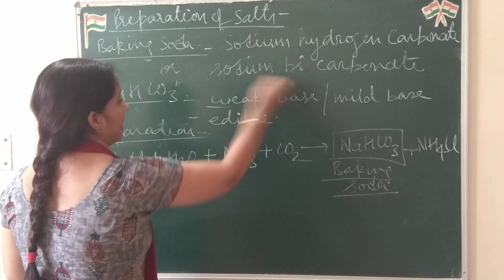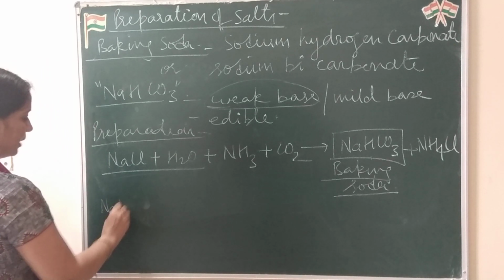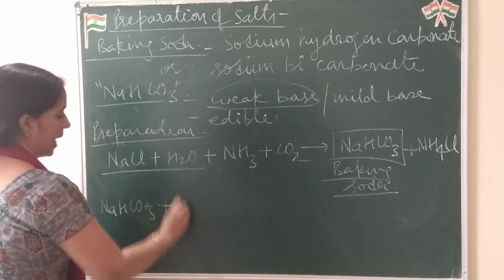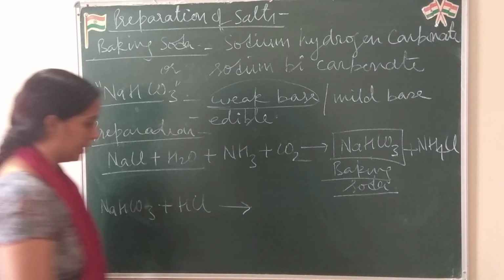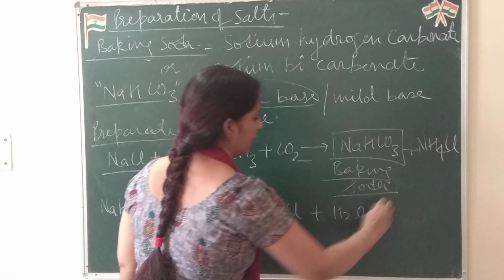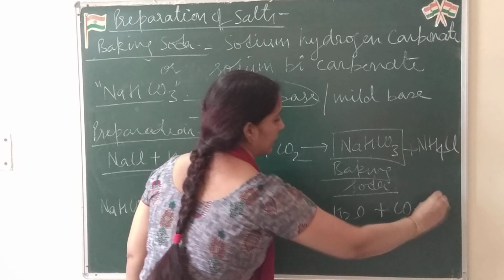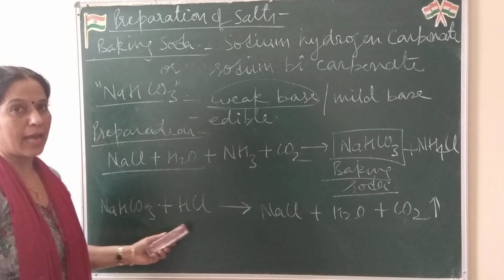We have already seen it is a weak base. Now when sodium hydrogen carbonate reacts with an acid, that is dilute hydrochloric acid, it will form salt plus water plus carbon dioxide. Do you remember this property? We have done it in acids.